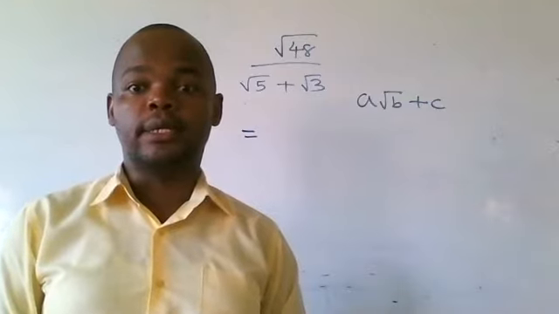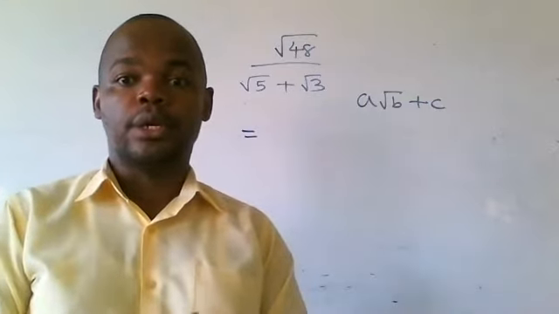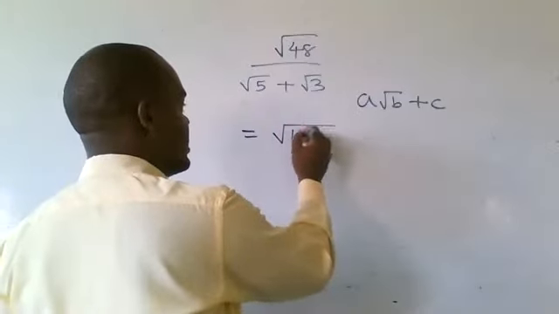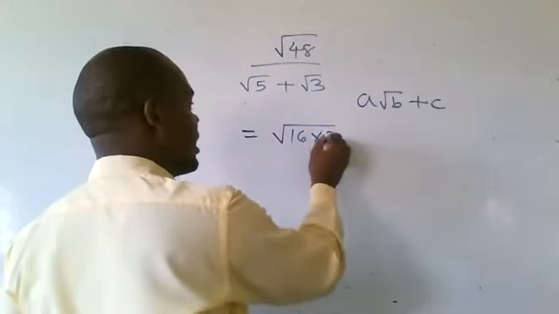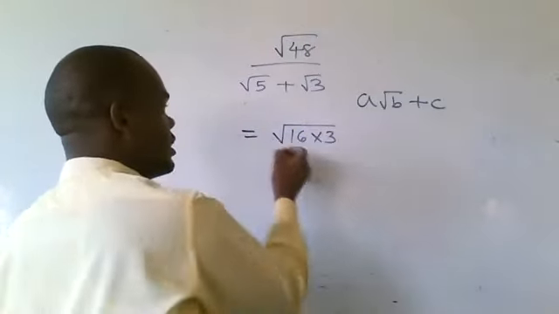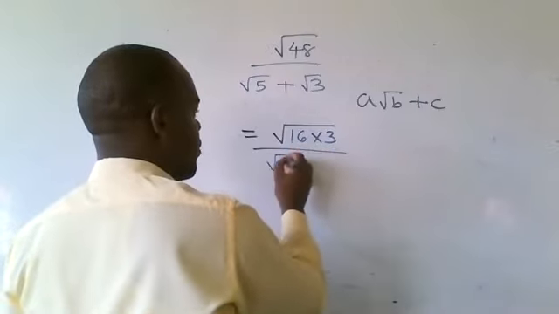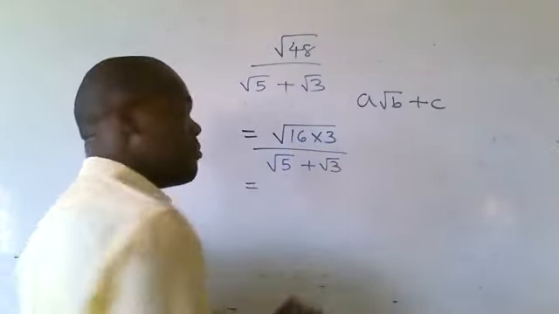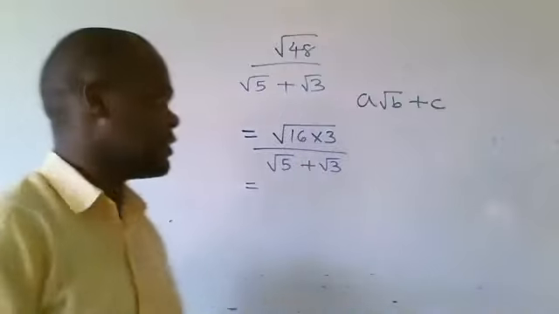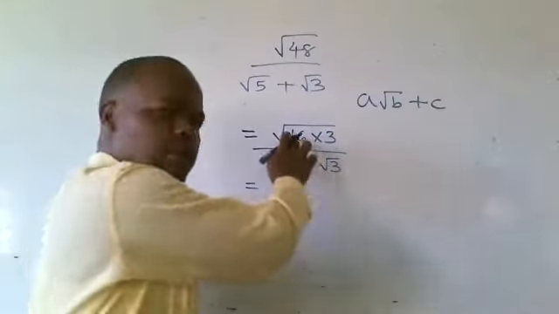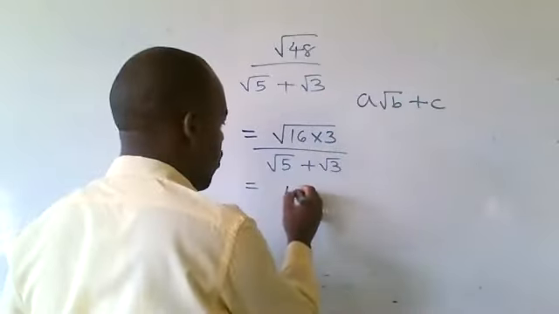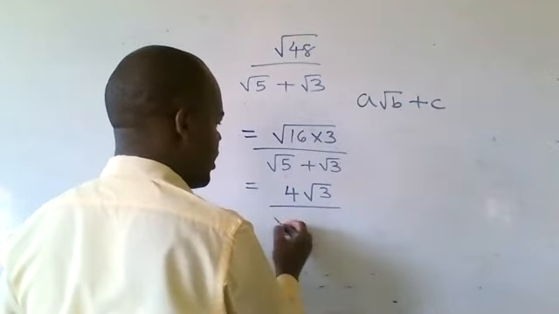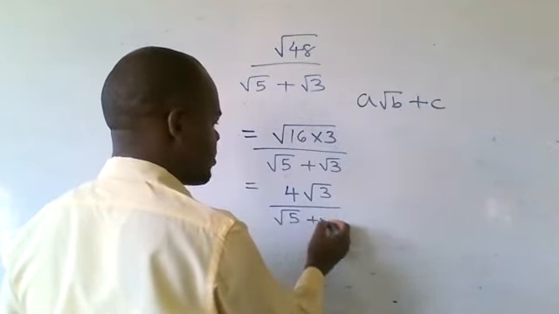It is 16. So you write square root of 16 times 3, because 16 times 3 gives me 48, then over square root of 5 plus square root of 3. So simplify first before you rationalize. Square root of 16 is 4, and the square root of 3 remains like that, then over square root of 5 plus square root of 3.